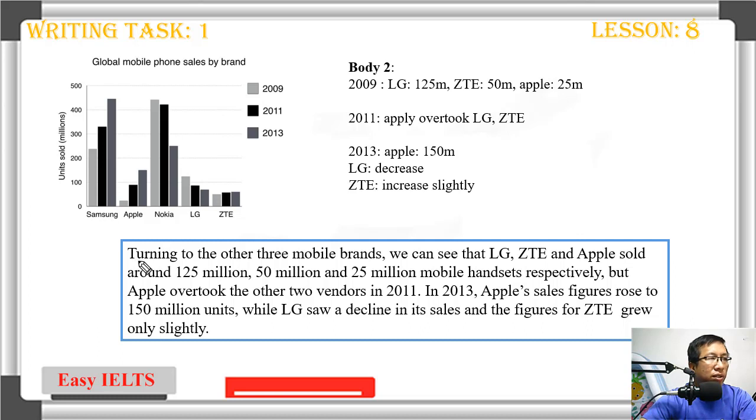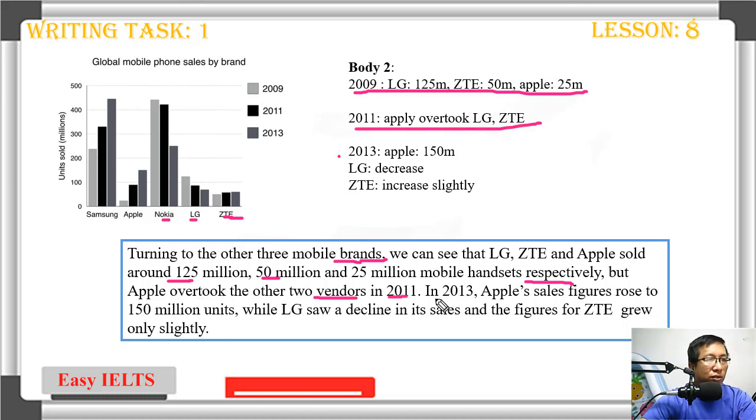We can start by turning to the other 3 mobile brands, just like we introduced Nokia, LG, and ZTE. We can see that LG, ZTE, and Apple sold around this number of mobile handsets respectively. But Apple overtook the other 2 vendors.